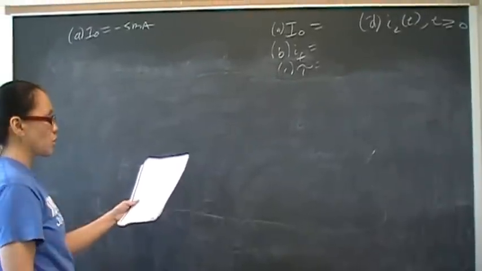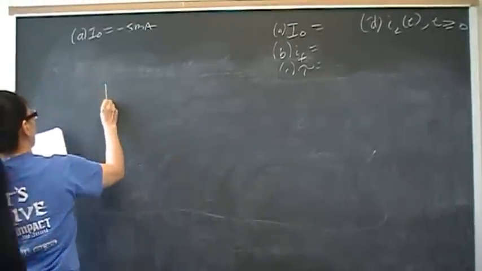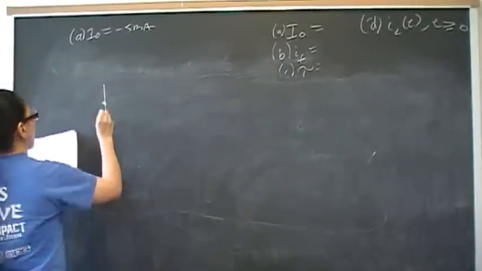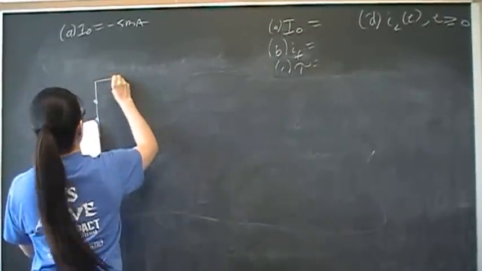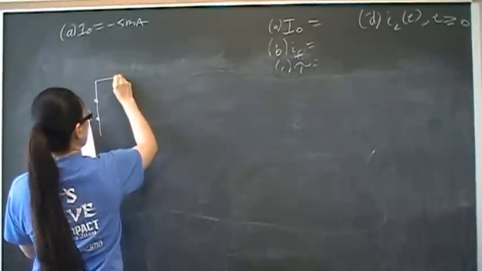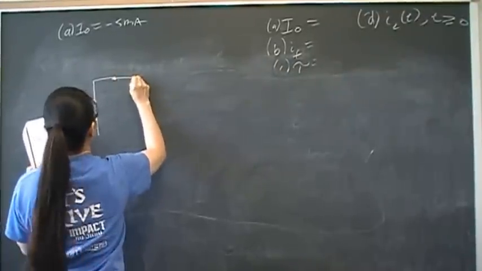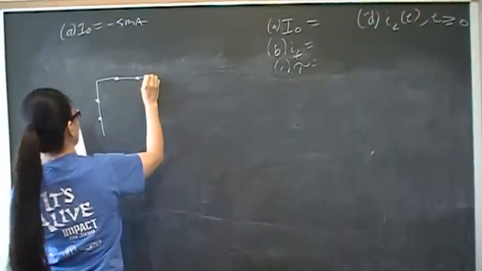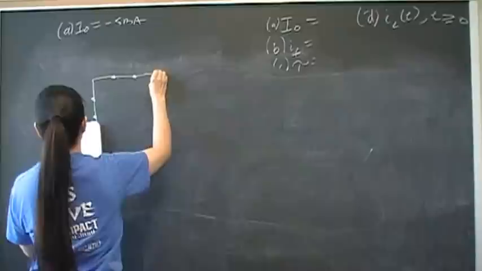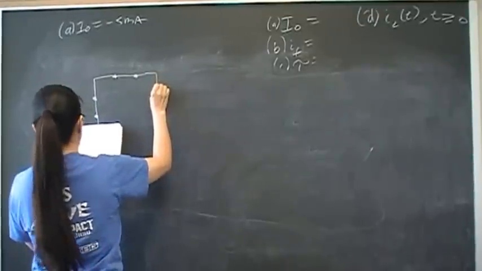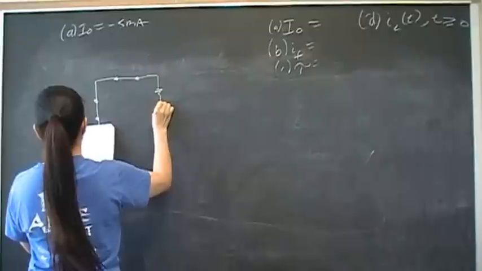So now those are no longer part of the circuit. So here's the switch, it closes, right? Now the circuit is in its final steady state, which means it's been closed for a long time, right? So here our inductor is going to be a short.